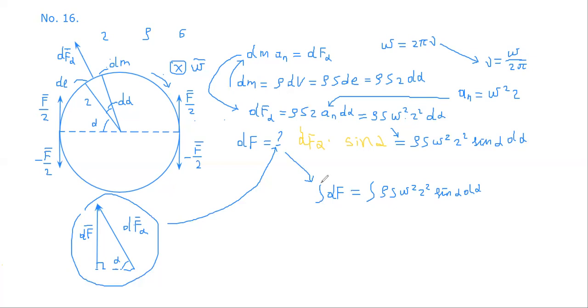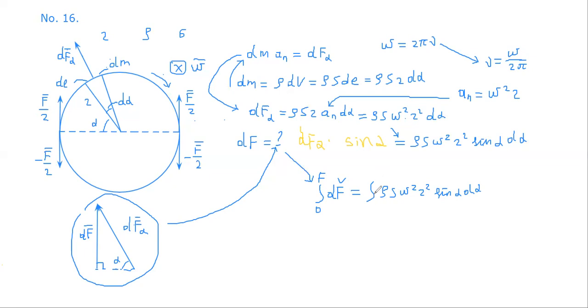The integral limits for the force will be from 0 to the whole force F, because F is the force that acts on a half of the ring. And here I will write this sign in order to have different notations in the integral expression and integral limits.